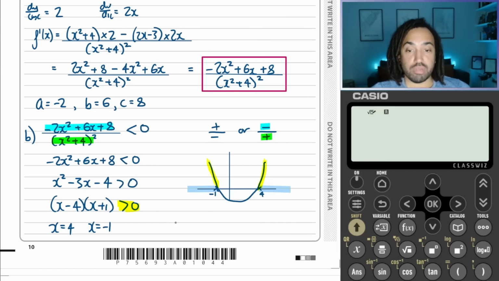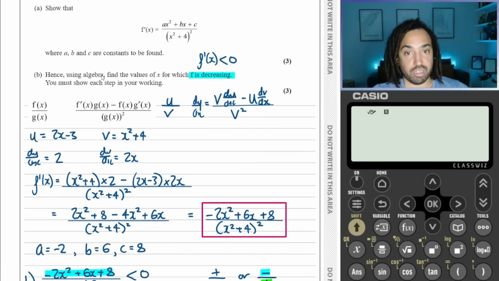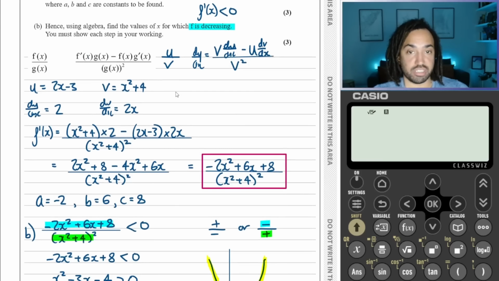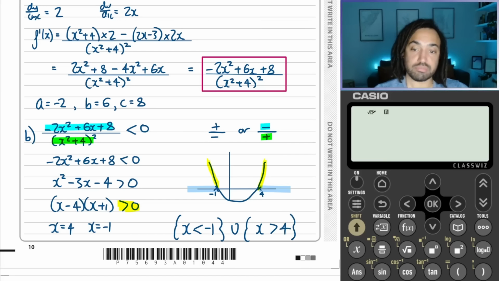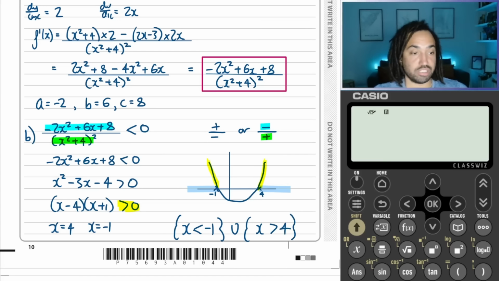So our answer is, does it ask for set notation? No, it doesn't ask for set notation, it just says find the values. But anyway, I'm just going to give it as a set. I'm going to say that x needs to be less than minus 1, union x needs to be greater than 4. And that should do the job.